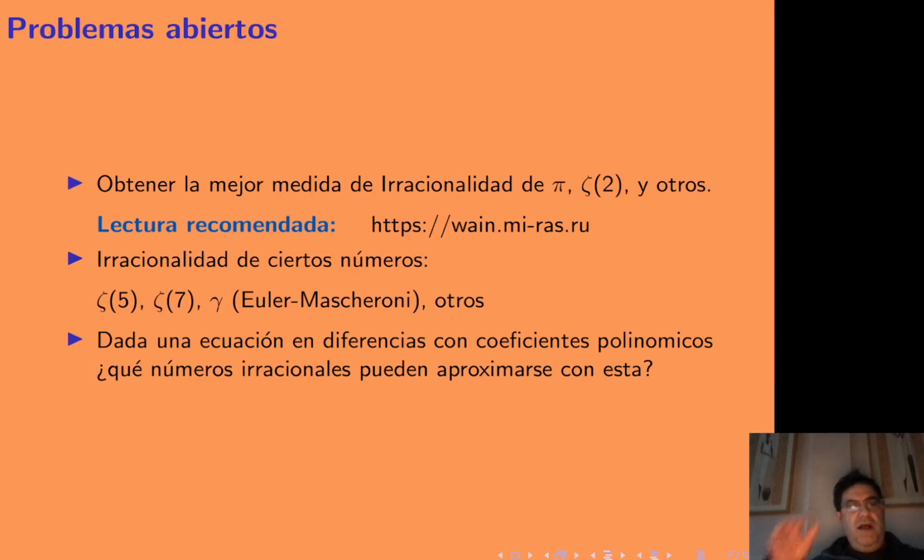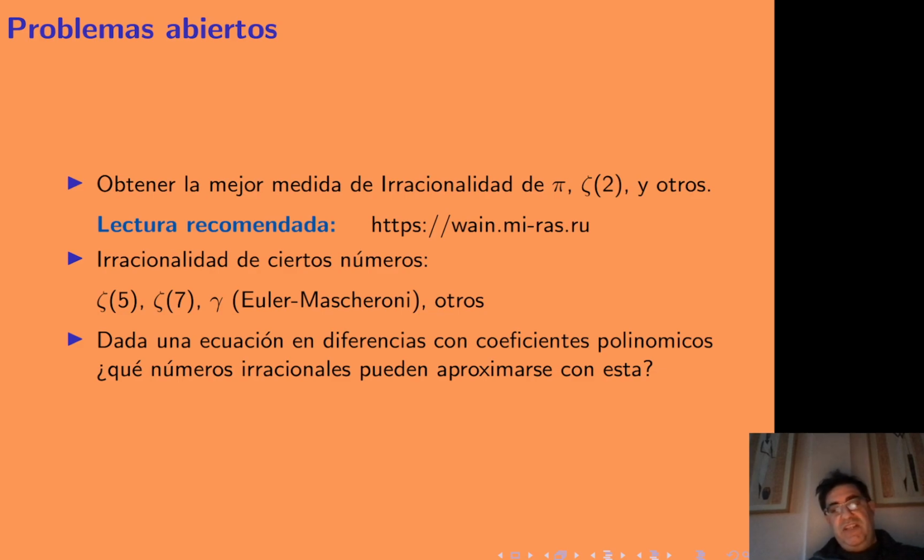So I'm going to just show you 3 different open problems. The first one is to obtain better irrationality measures for different irrational numbers like pi. Right now I think pi is about 7.1 by Viktor Zudilin and Doron Zeilberger. And the same for theta 2.